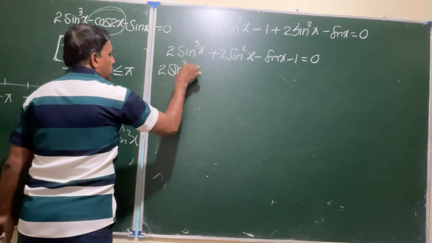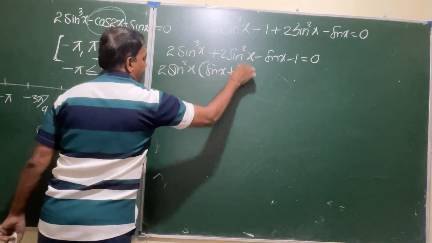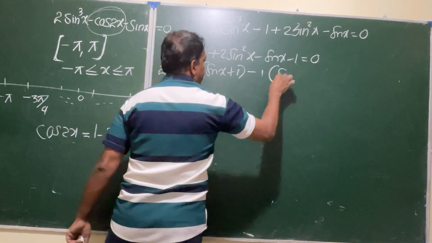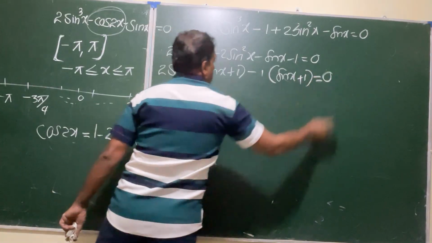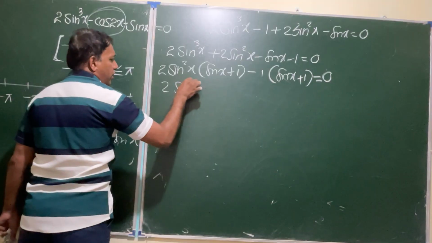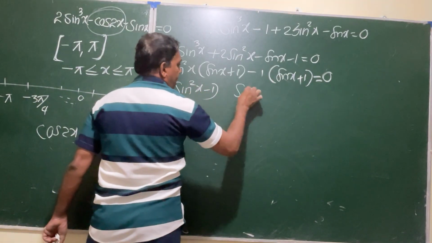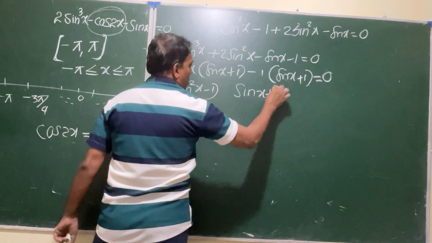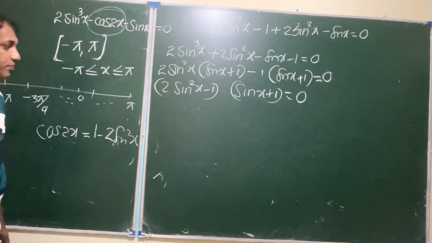And what is that balance part? Sine x plus 1, right? You take the minus 1, yes. Therefore, no doubt the factors are 2 sine square x minus 1, and sine x plus 1, right? These are the solution bracket factors.